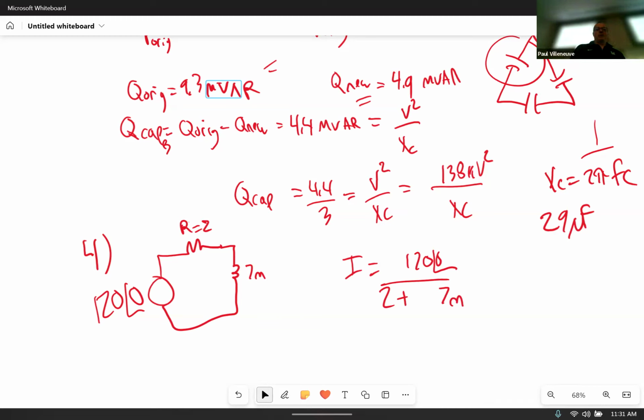No. Because to do AC circuit analysis, we can't go R equals 2 plus L. We need to do Z equals 2 plus jXL, which means I need to multiply by omega. So if you want to do circuit analysis here, you darn well better put your j omega term in there and multiply that out. Otherwise, you're not doing AC circuit analysis.